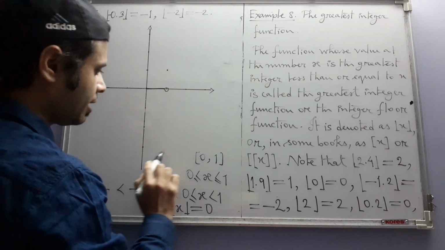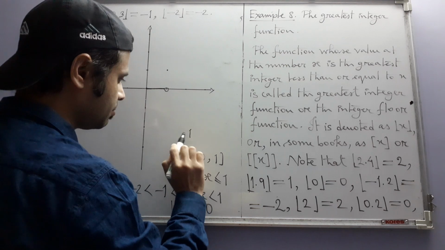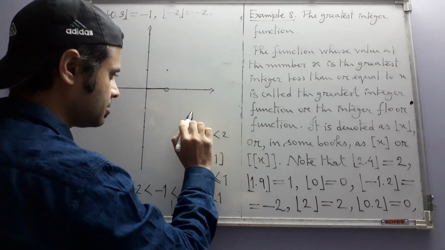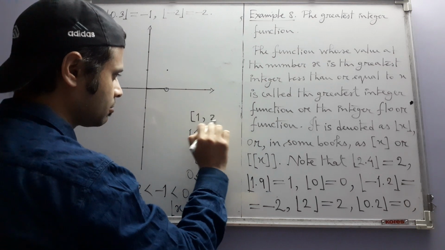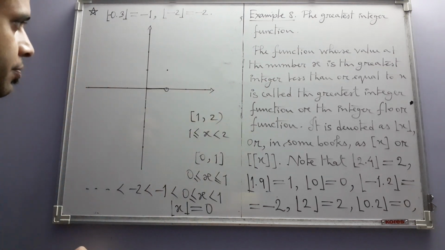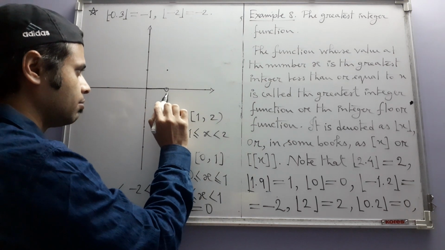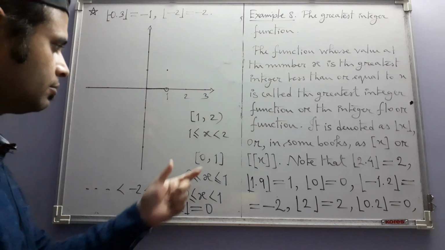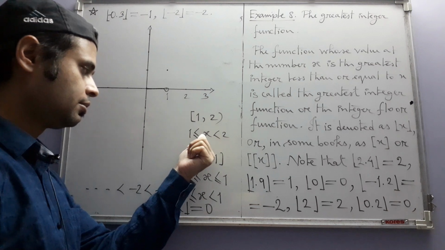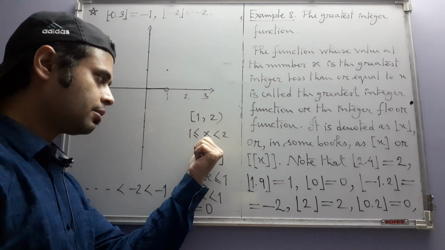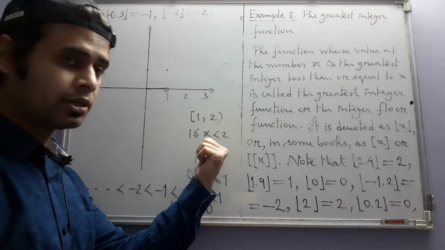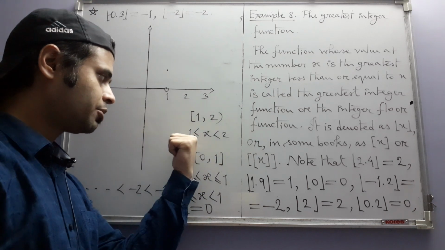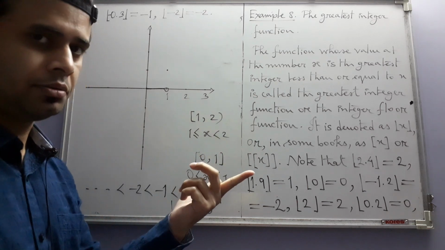Okay, now what happens in this half open interval? So this is our 1, this is 2, this is 3. Here the integers less than or equal to x are all the non-positive integers and 1.